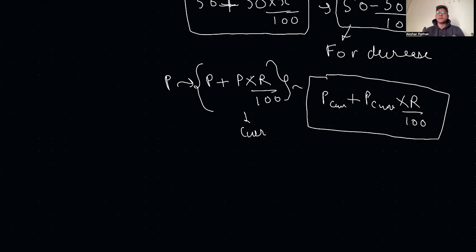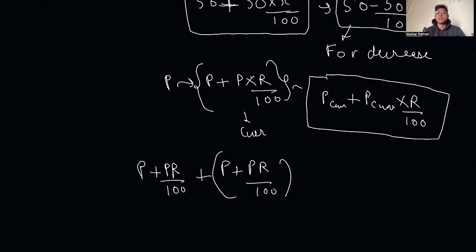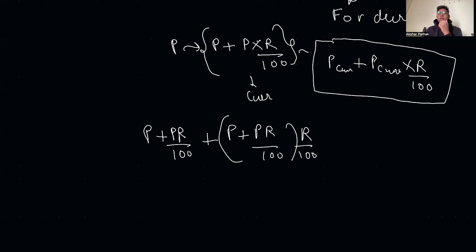Initially our P current was only P, but now our P current is P plus P times R by 100. This is our current, and current plus current into R by 100 will be our population after 2 years. And if I ask what will be the population in the next year, then this whole will be your P current, and you will add this whole number into R by 100.